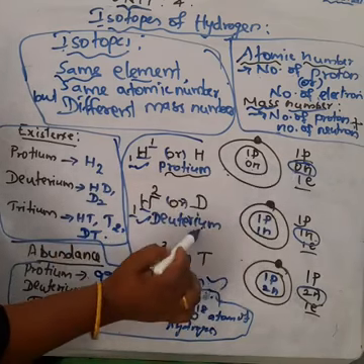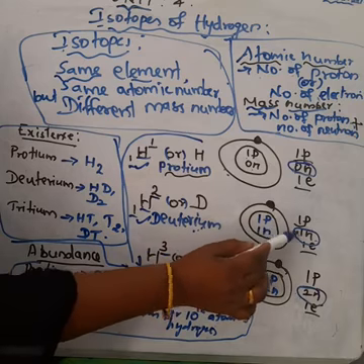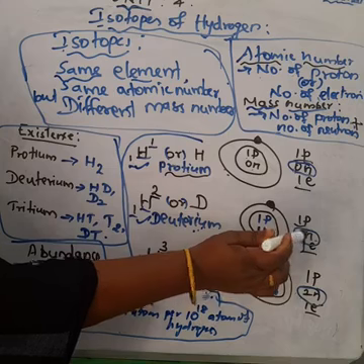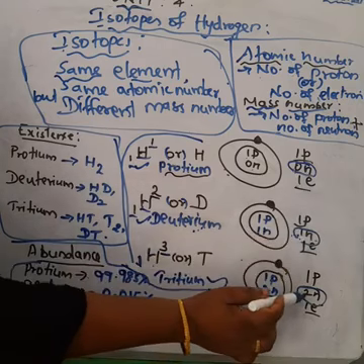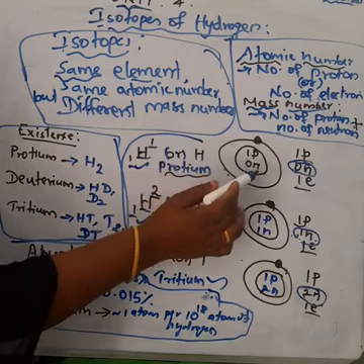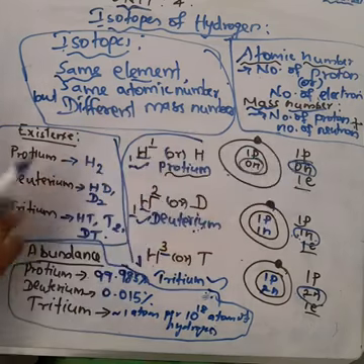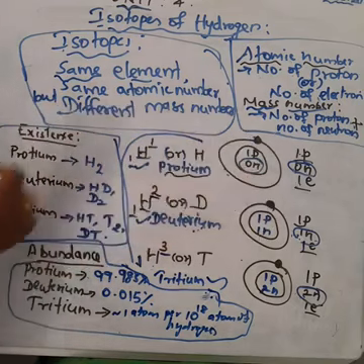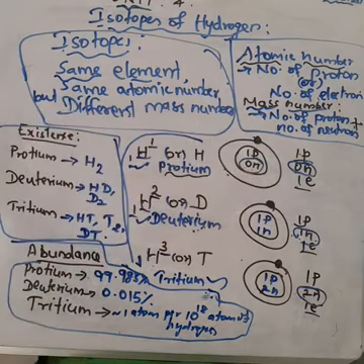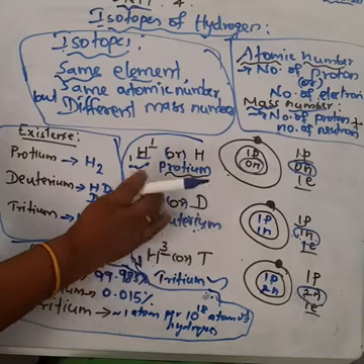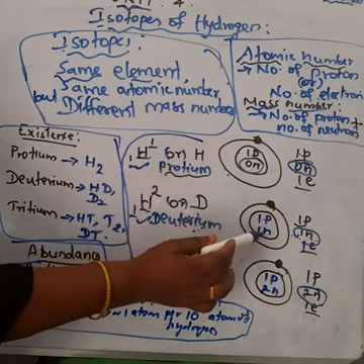So here the number of neutrons differs for deuterium and tritium. For deuterium, number of neutrons 1, and for tritium, number of neutrons 2. But protium has no neutrons: 0 neutrons, only 1 proton and only 1 electron. For deuterium, mass number 2 means number of protons 1, number of neutrons 1.